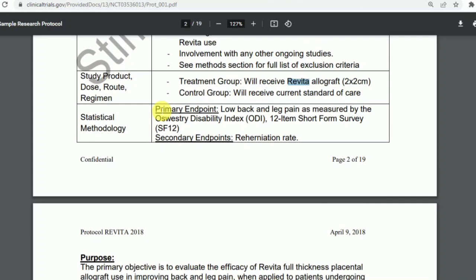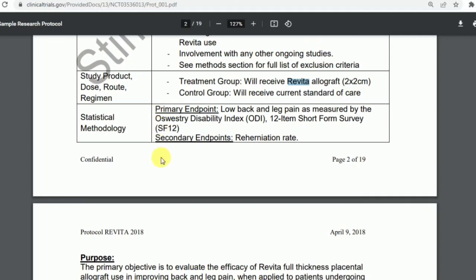We have discussed inclusion and exclusion criteria, and now another important parameter, which is the endpoint. As I have discussed, objectives are categorized based on the trials. Similarly, the endpoints are also categorized based on each and every trial. One clinical trial may have only a primary endpoint, and another clinical trial may have both primary and secondary endpoints.